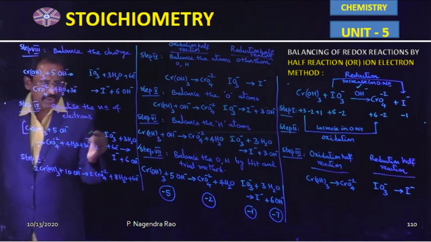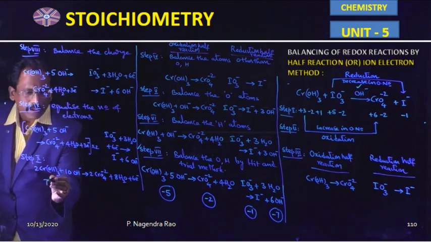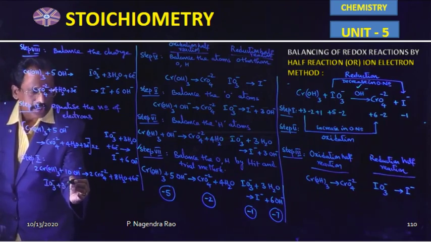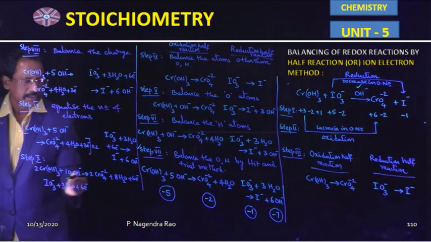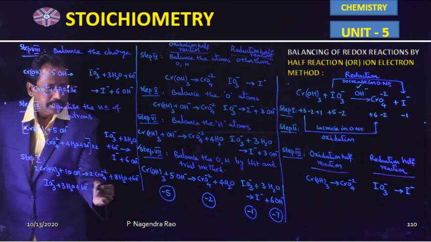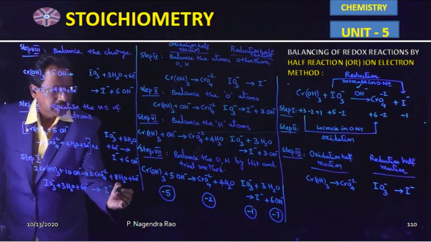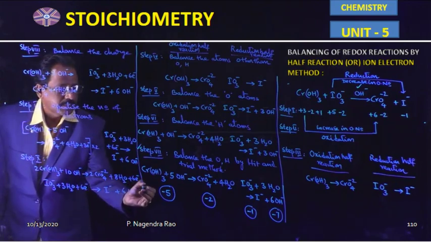And the reduction half reaction is IO3⁻ plus 3H2O plus 6 electrons is equal to I⁻ plus 6OH⁻.